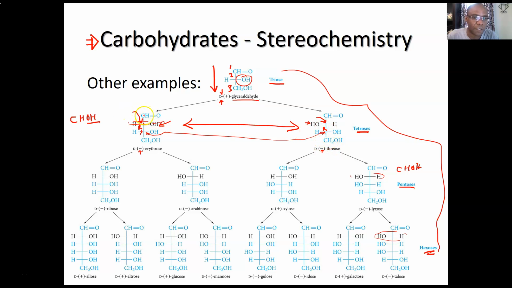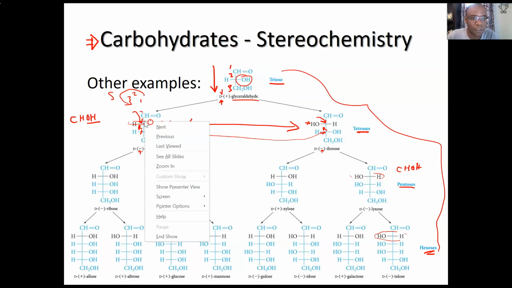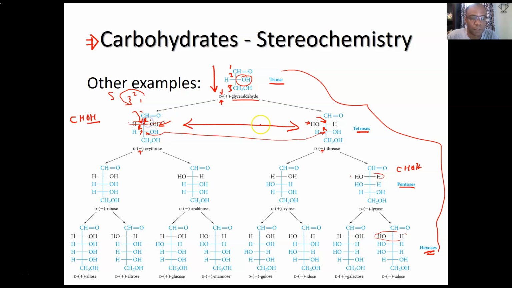And then here, 1, 2, 3. So I'm going 1, 2, 3. You can do this for your practice. So this is an R right here. 1, 2, 3.